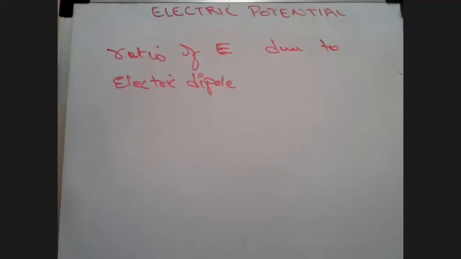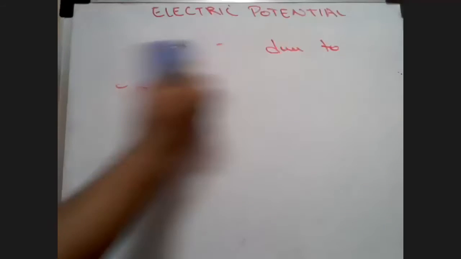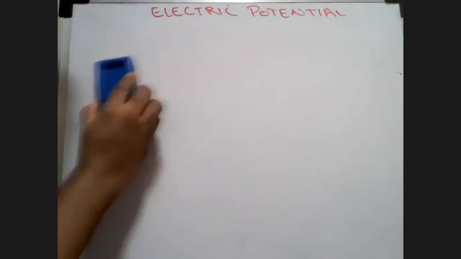See, the ratio of electric field due to an electric dipole on its axis and on the bisector of the dipole is equal to what? How will we find out the answer? It's a simple thing. I'm just asking you the ratio of electric field intensity at a point P on the axis as well as on the bisector.